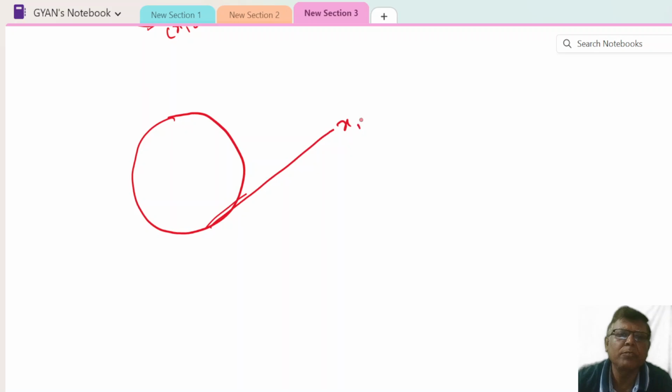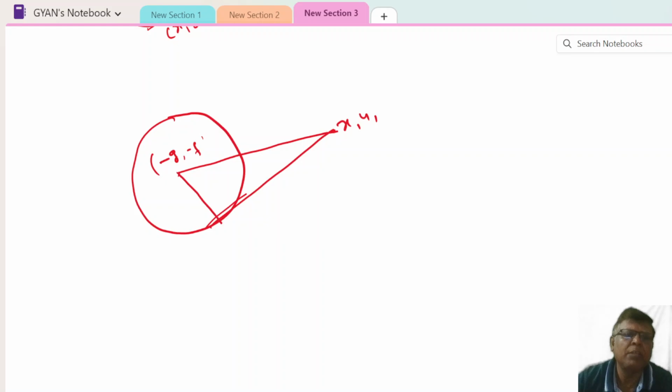Suppose this is the point (x1, y1) outside the circle, and this is the center. What is the center? (-g, -f). And this is the radius. So this length L square is equal to this square minus this square.